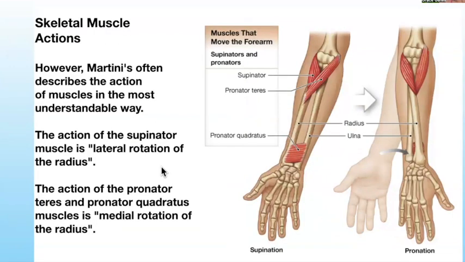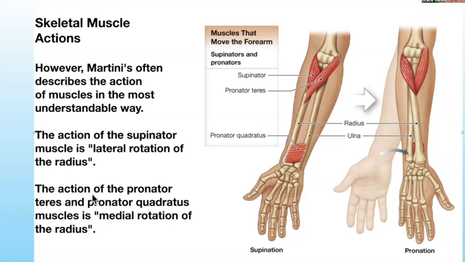However, Martini often describes the action of muscles in the most understandable way. So, the action of the supinator muscle, which supinates the wrist and hand, can be described as lateral rotation of the radius.